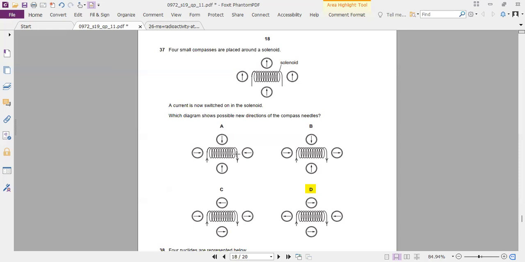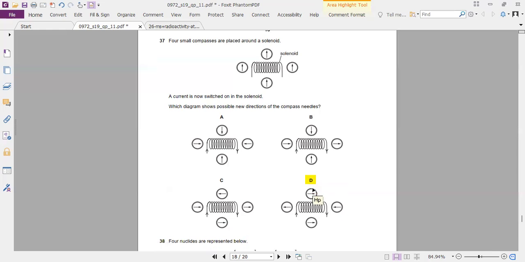Sorry, this one is wrong. So both should not be towards. If one side is towards it, the other side should be away from it. Marking that, on one side there is an N pole, and an S pole on the other. And the top and the bottom are always parallel because of the field lines going like this. That's why we have choice D.